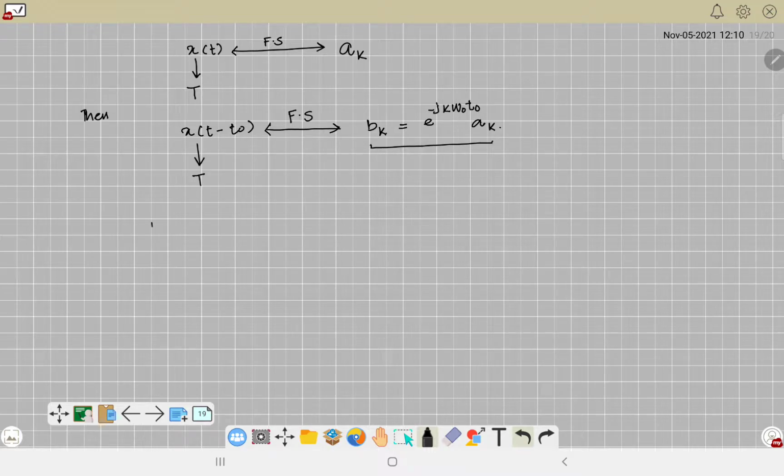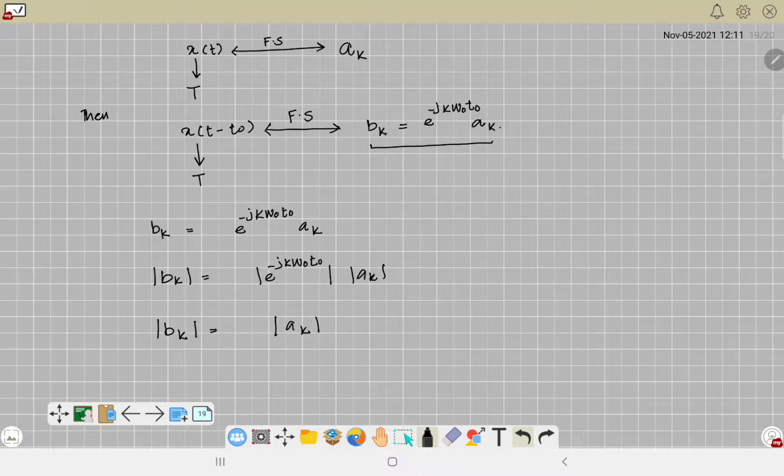Now additionally, you see you have b of k, you have e raised power minus j k omega naught t naught times a of k. If you take magnitude on both sides, it turns out to be the magnitude of e raised power minus j k omega naught t naught times the magnitude of a of k. Now this is a pure exponential. The magnitude of the exponential is always unity, which means the magnitude of b of k is the same as the magnitude of a of k.